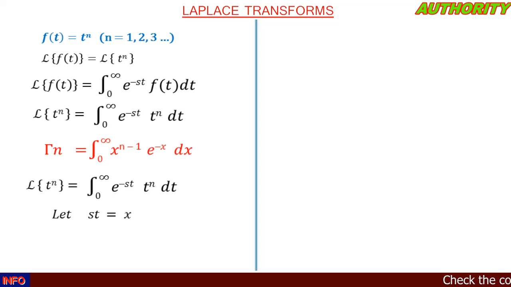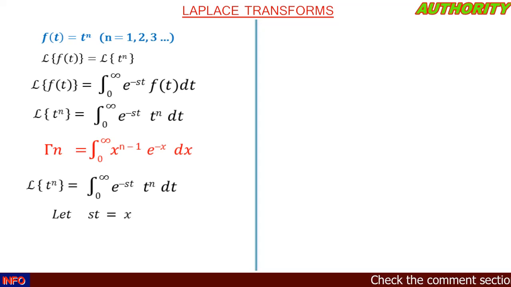In our function, the integral from 0 to infinity e raised to the power of minus st t raised to the power of n dt, anywhere we see st, let's replace it with x. We want to evaluate the integral. Okay, good. Now, s is a constant, t is a variable, and x is a variable.